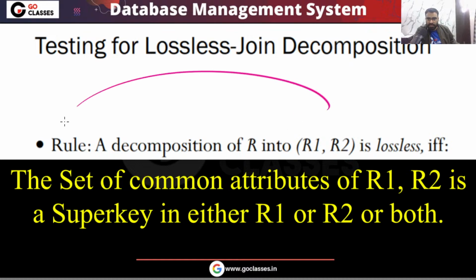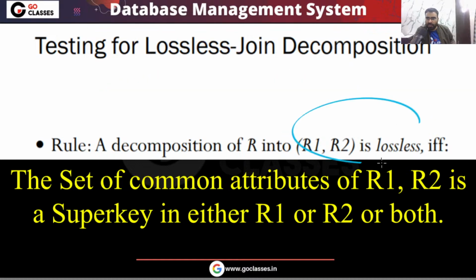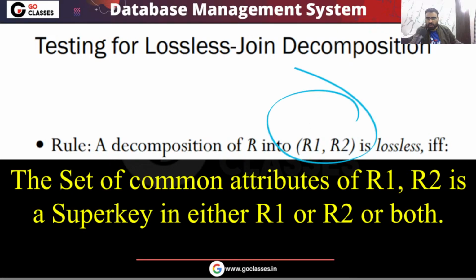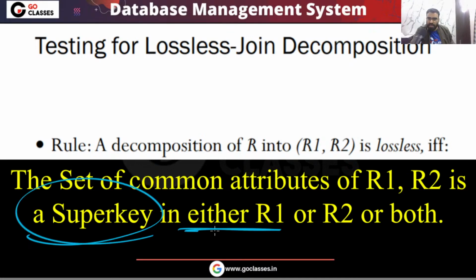Now, when can I say this binary decomposition will be lossless? It will be lossless if and only if the set of common attributes of R1 and R2 is a super key in at least one of R1 or R2. That is, the common attributes of R1 and R2 must be a super key in either R1 or R2 or both.